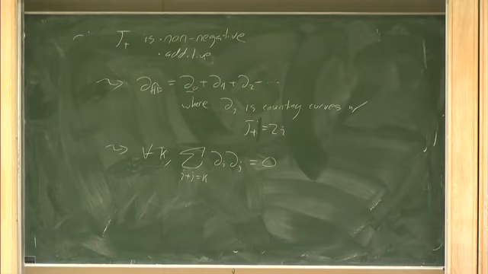We want to create a new complex, which I'll just call curly CF, which will just be Z's worth of the original complex, CF hat. And then on this complex, we define a differential.